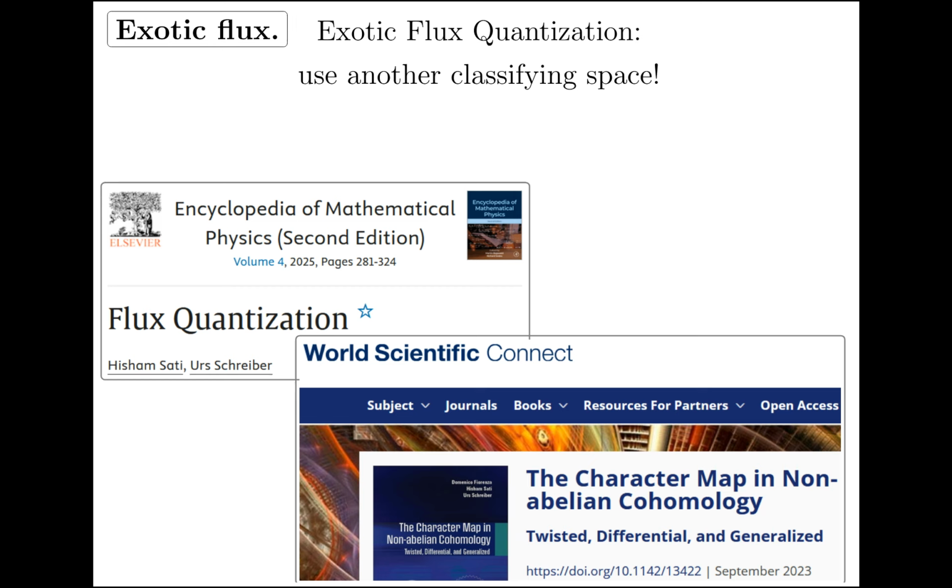So this is again really the content of this book we wrote, the character map in non-abelian cohomology, and then this encyclopedia article. It turns out, as explained and proven in these texts in some detail, that every topological space actually serves as a classifying space for some system of flux species. And the character map is what tells you which system of flux species is quantized by a given topological space.